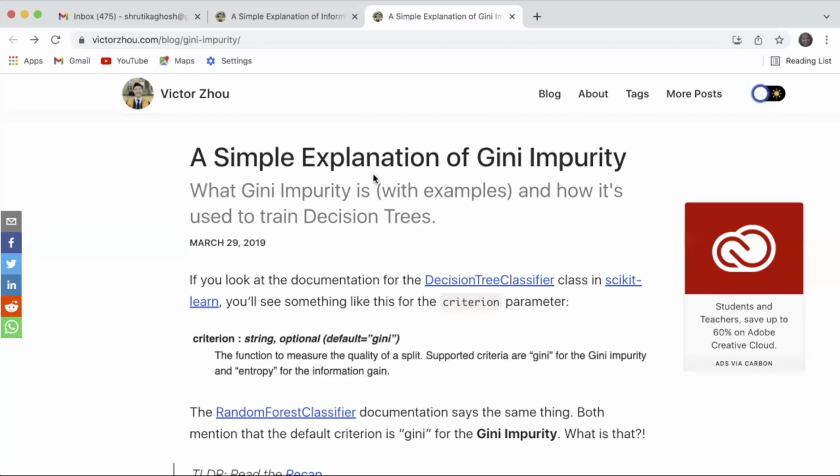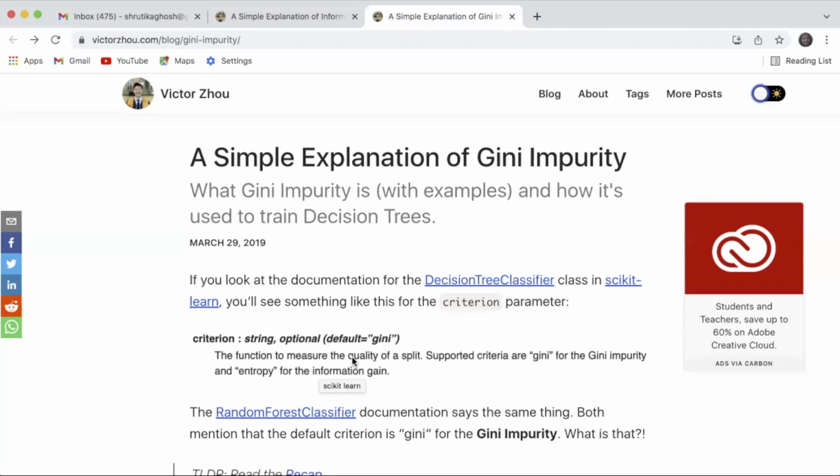For example, if you want to code a program in Python using the decision tree classifier, the different libraries and the functions from those libraries will give a simple criterion such as criterion equal to gini. This is something that you will come across when you start coding.